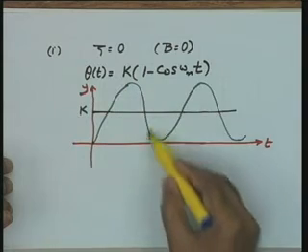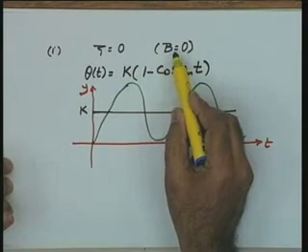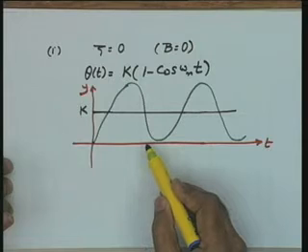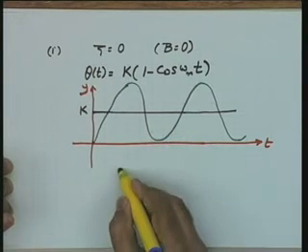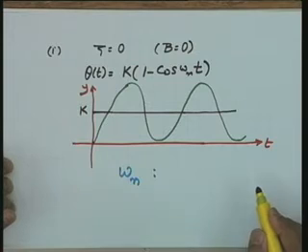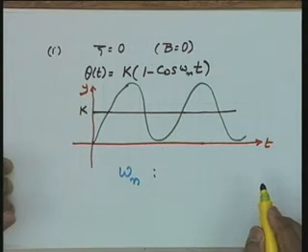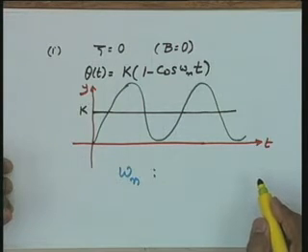Since these are oscillations when damping is equal to 0, you can say that these are undamped oscillations, and the name omega n is given as the undamped natural frequency, because this is the oscillating frequency when damping B is equal to 0 or zeta equal to 0.